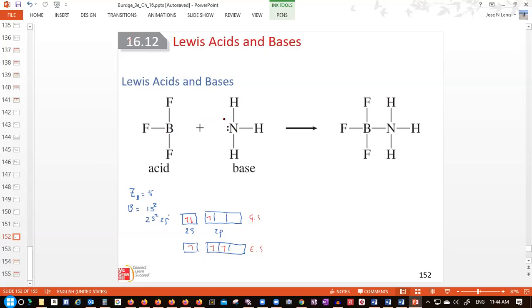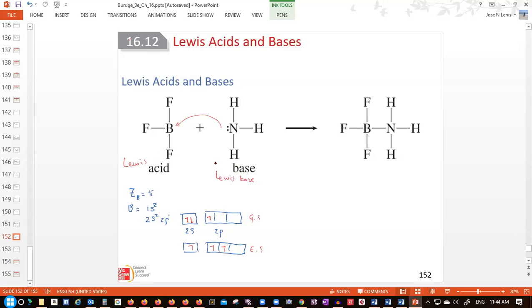This is reacting as a base because it has a pair of electrons that it can donate, making it a base, and this can accept this pair of electrons, making it a Lewis acid. So we call this a Lewis acid, and we call this a Lewis base.